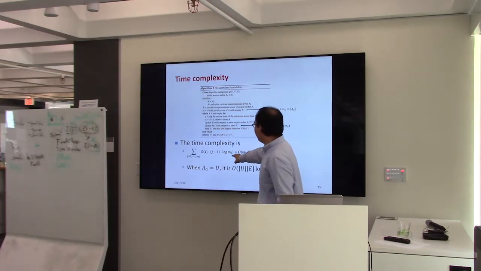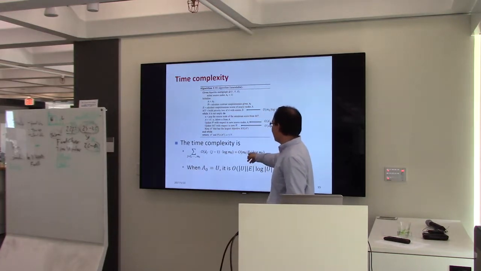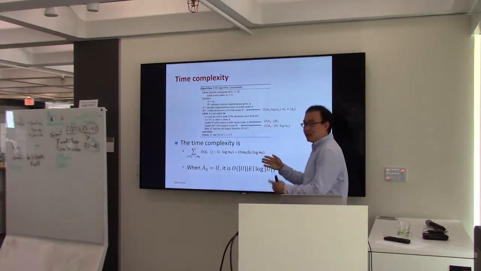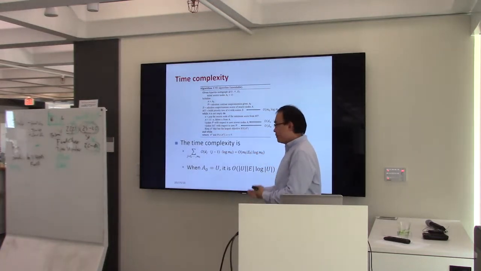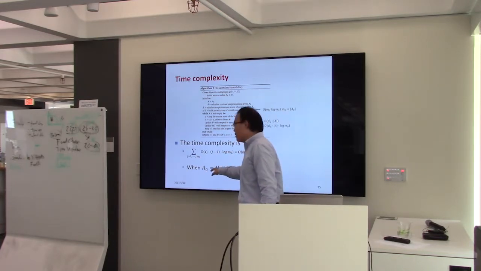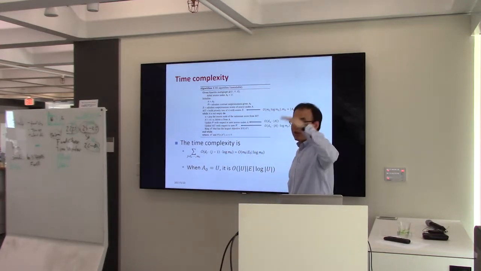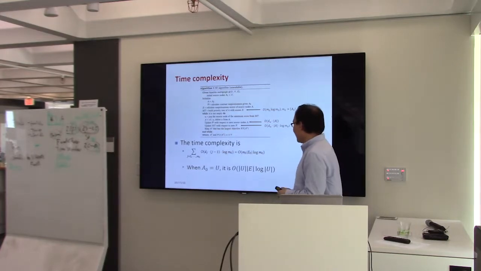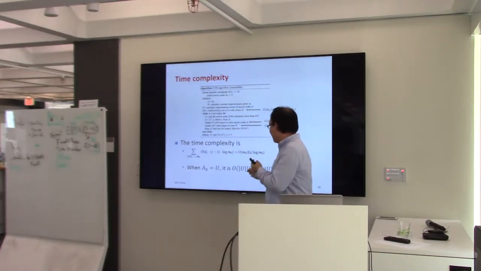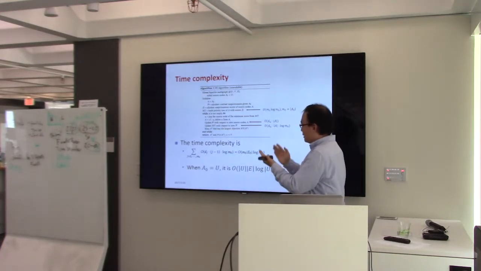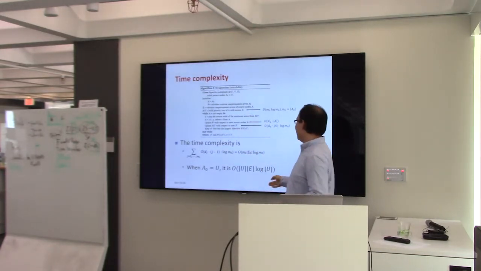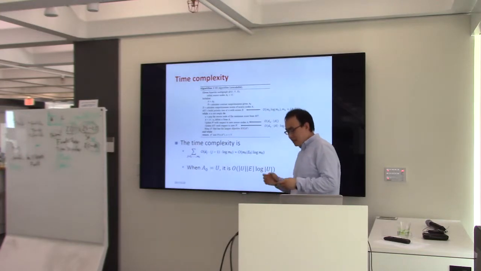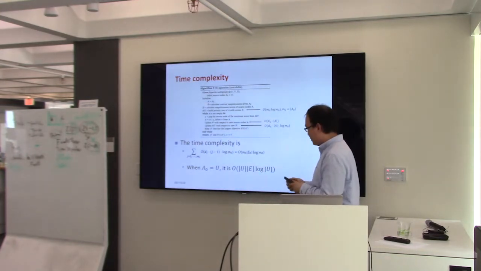So the total complexity will be M0 multiplied by the size of the edges and the logarithm of M0. But we can see A0 equals the total number of users. So the complexity will be U, the total number of users, times the total number of edges, times the logarithm of the number of users.